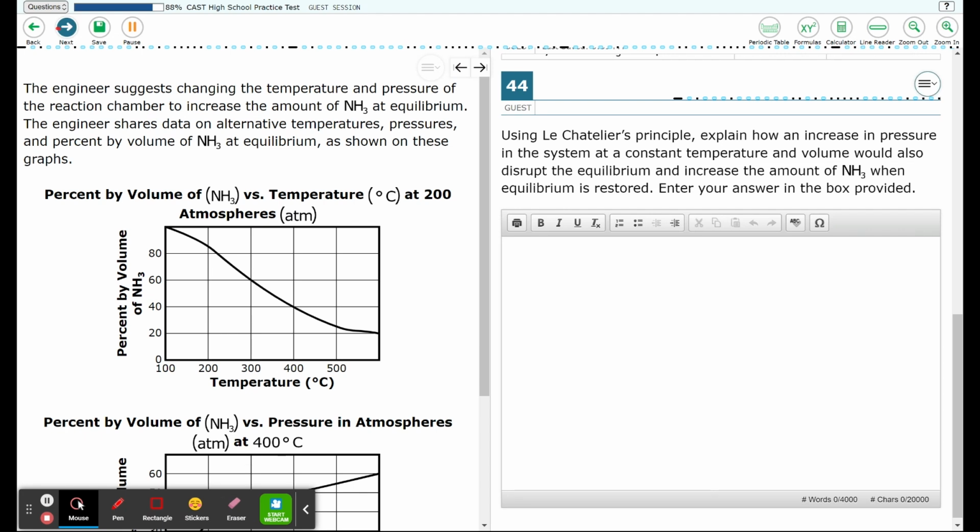I will mention that the rubric that they give for this at the state level says that you need to mention that when there is an increase in pressure, that increases the rate of production. Well, this doesn't say anything about the rate of production. It says when equilibrium is restored.